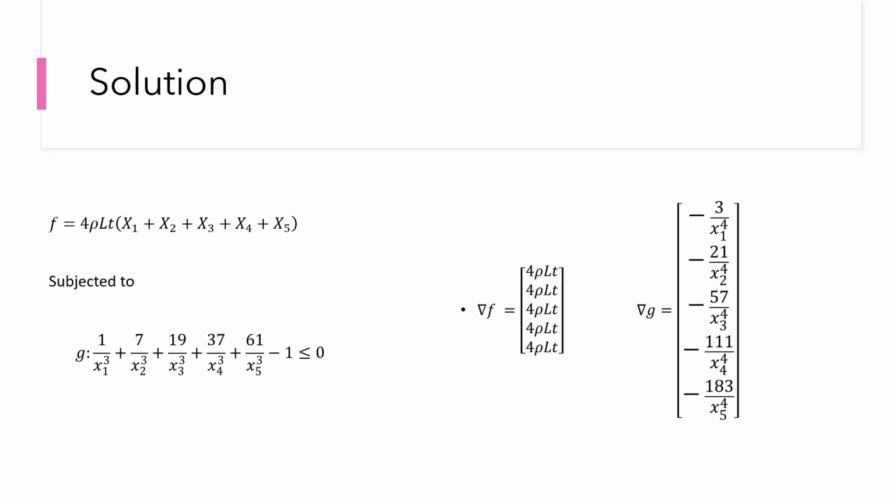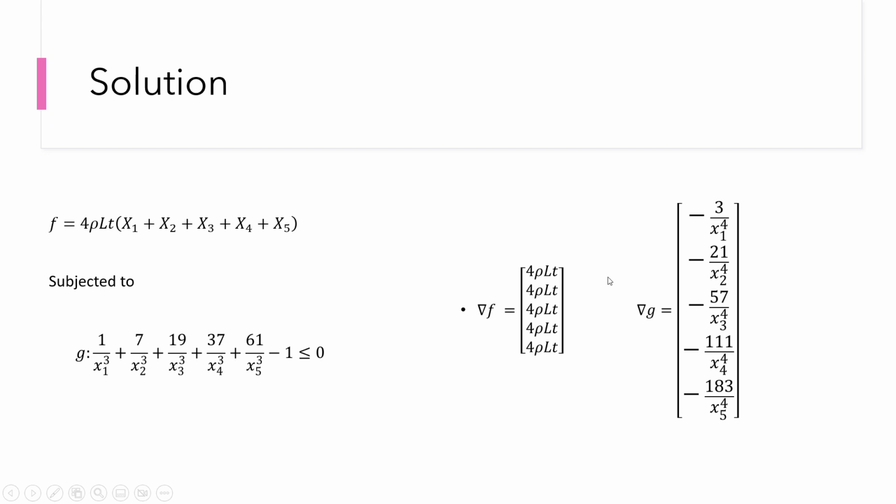Taking the gradient, we have that the gradient of f is 4 rho lt, which is the derivative with respect to x1, x2, x3, x4, and x5. As you can see here, it is shown as a vector.